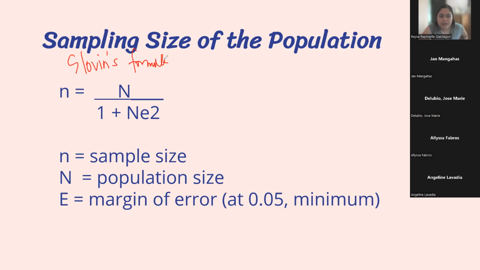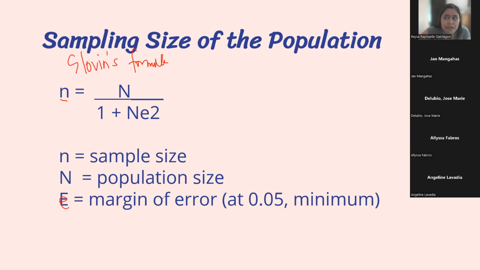That's Slovin's formula. Now, n is equal to N divided by 1 plus N times e squared. The small letter n there is the sample size. The capital letter N is the population size. And the letter e here is the margin of error. And why do we have a margin of error?